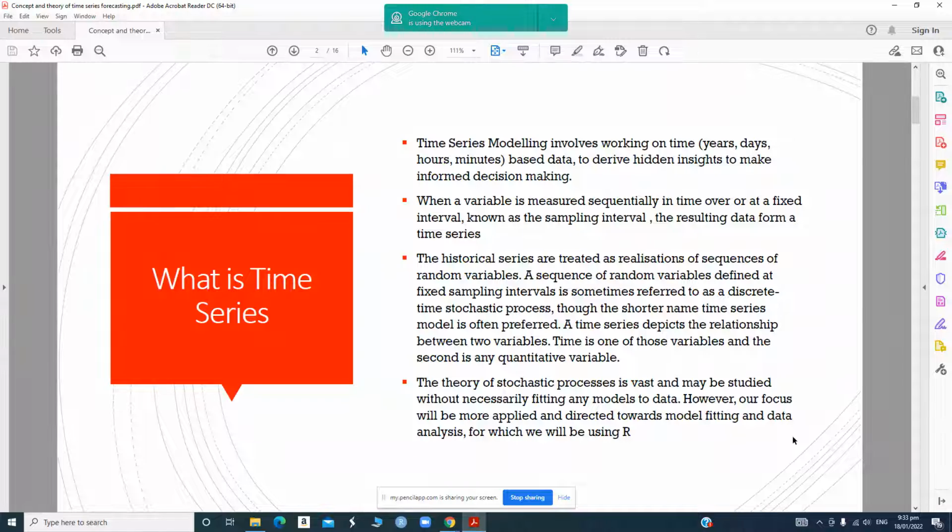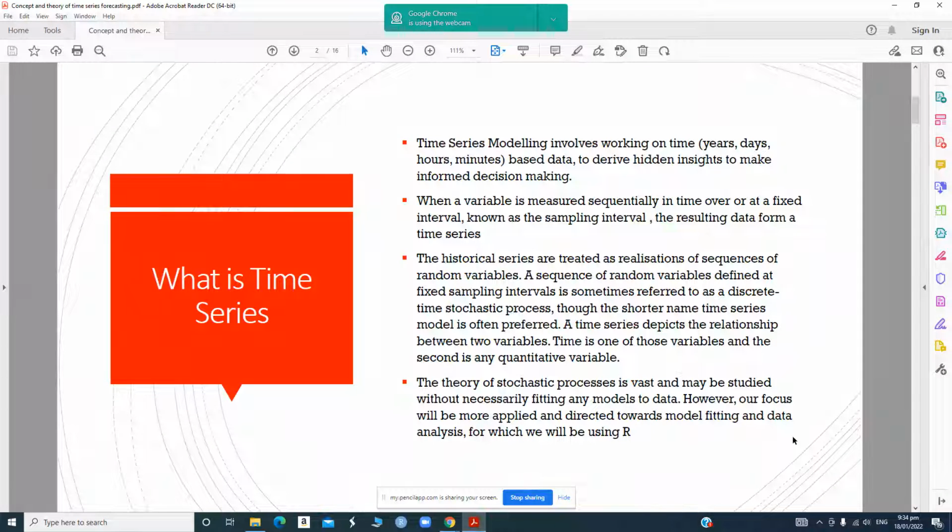The historical series are treated as realization of sequences of random variables, where we normally define a sequence of random variables as fixed sampling intervals. And generally, what is termed time series in short is discrete time stochastic process. And it shows the relationship between time and at least a quantitative variable.